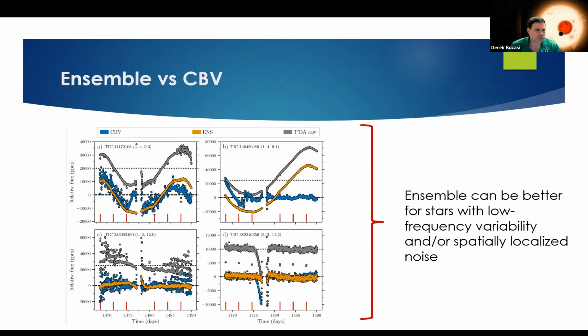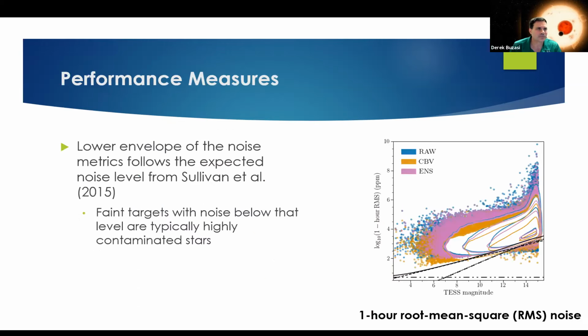For example, if you look at the light curve on the top left, the raw light curve has some noise and some issues toward the end. The ensemble light curve handles that really nicely. The CBV light curve, let's say it doesn't. When it fails, it tends to fail in a fairly spectacular and noticeable way, which I suppose is good.